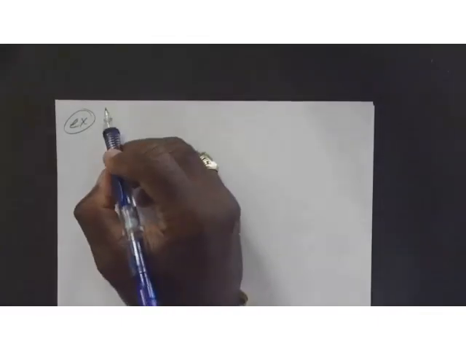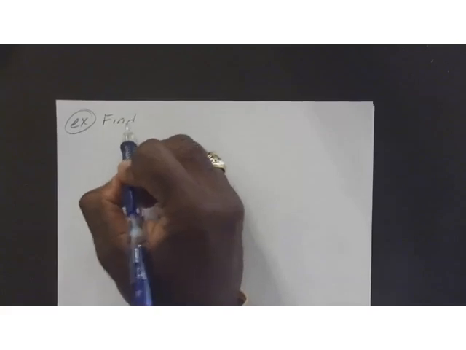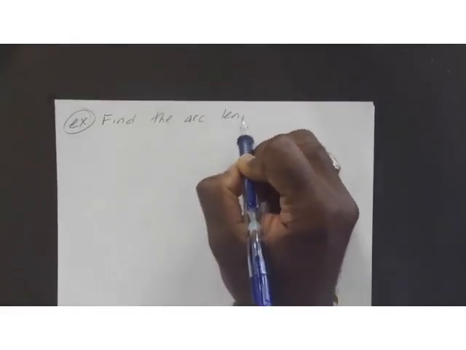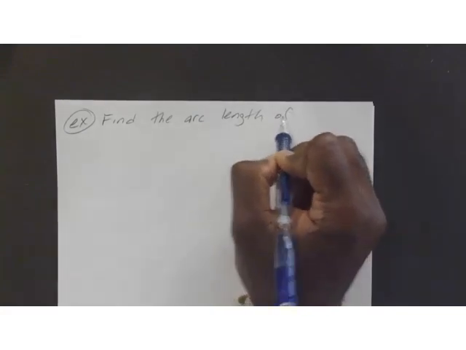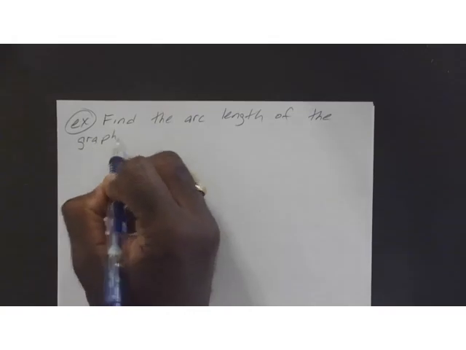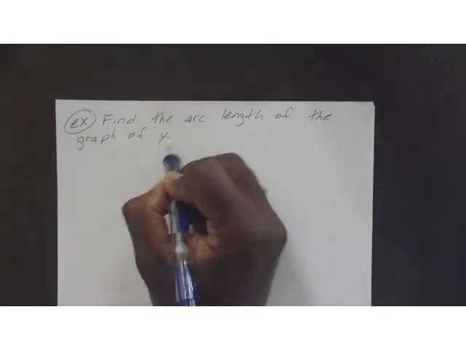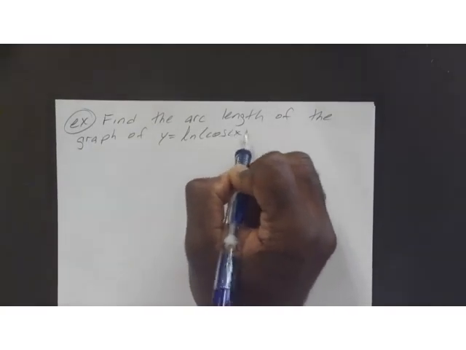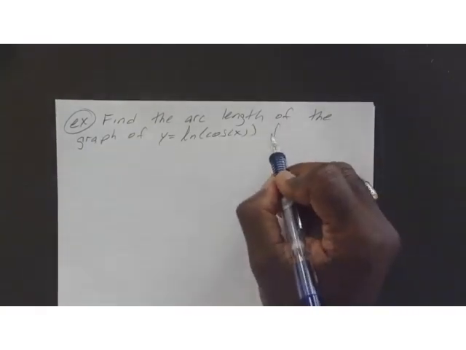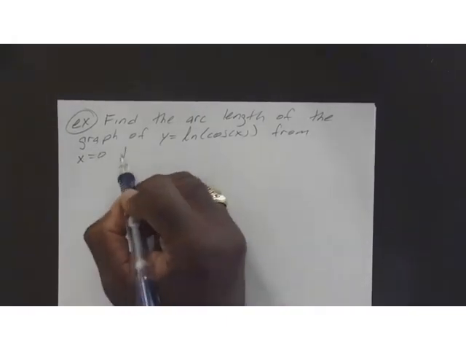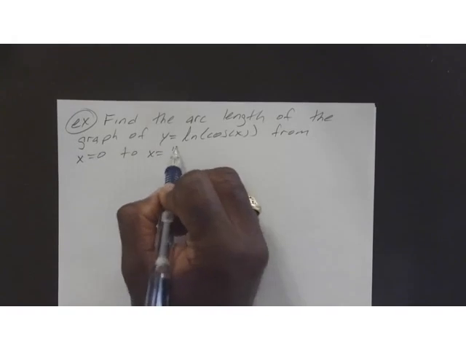Okay, so let's say we wanted to find the arc length of the graph of y equals the natural log of cosine of x from x equals 0 to x equals pi over 4.